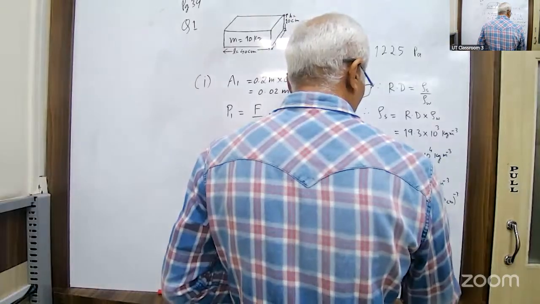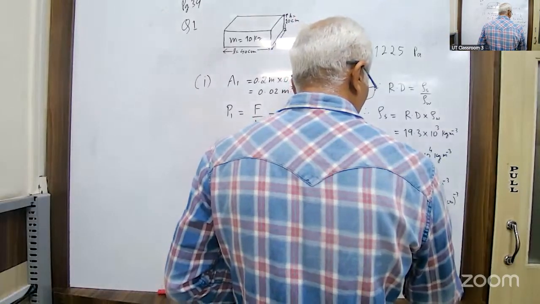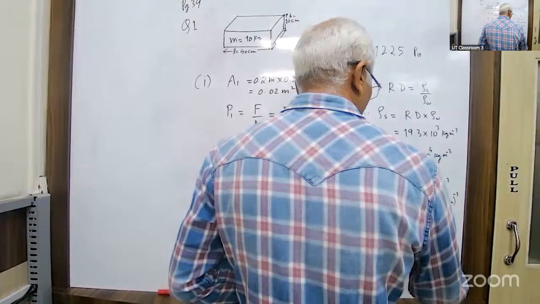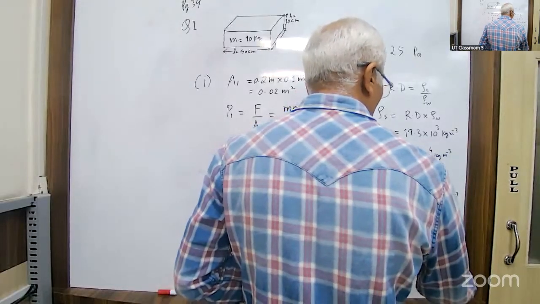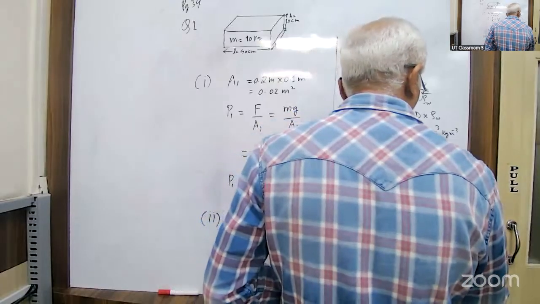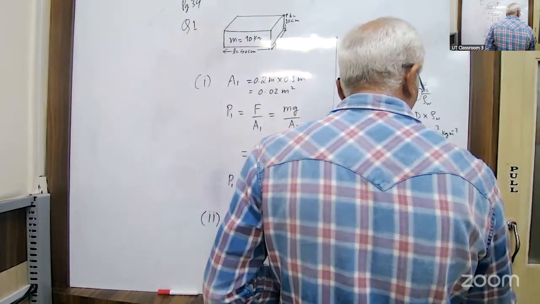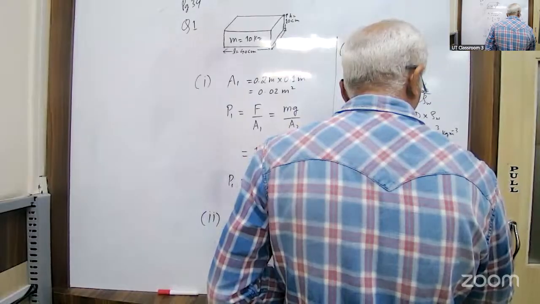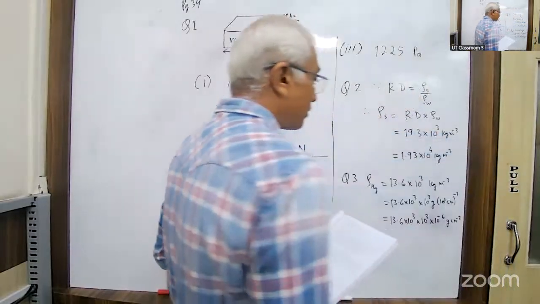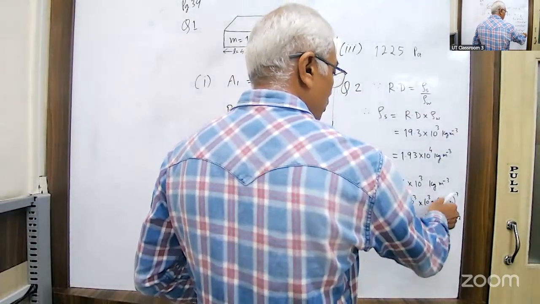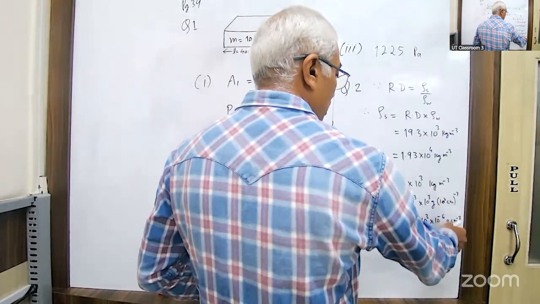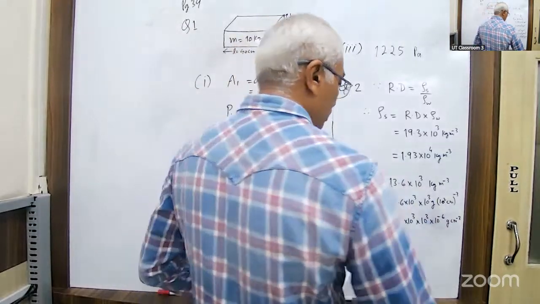Now simplify. So this is 10 raised to 3 into 10 raised to minus 6 gram per centimeter cube. Right? So this power will be multiplied: 2 into minus 3 is minus 6, and centimeter cube.